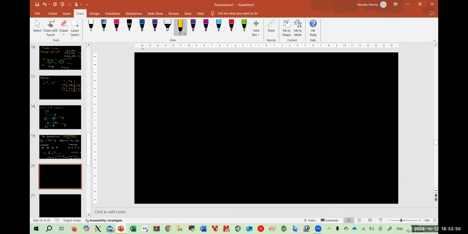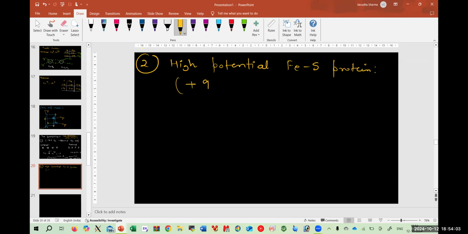Whereas we have the second possibility, high potential iron sulfur protein. Their potential ranges from +90 to +460 millivolts versus SHE. They're also called with this short form, HiPIP.